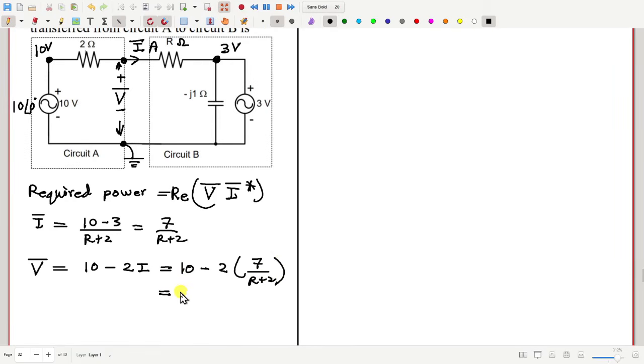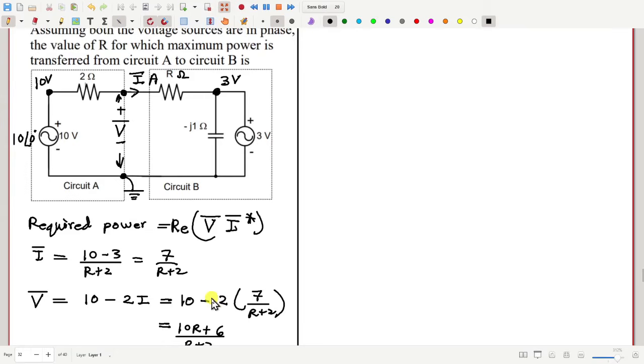This is equal to 10 R plus 20 minus 14, which is 6, by R plus 2. Am I correct?